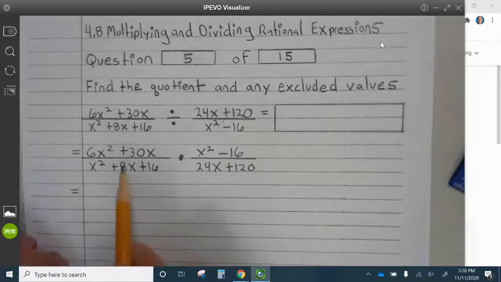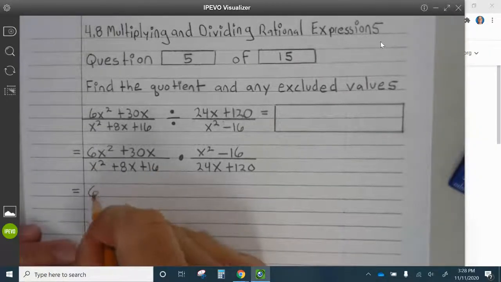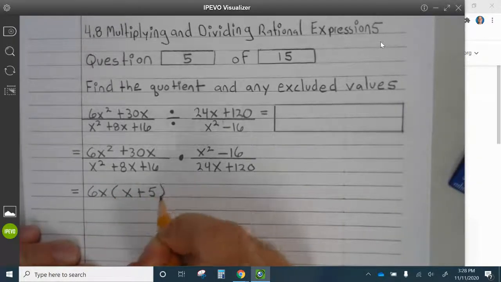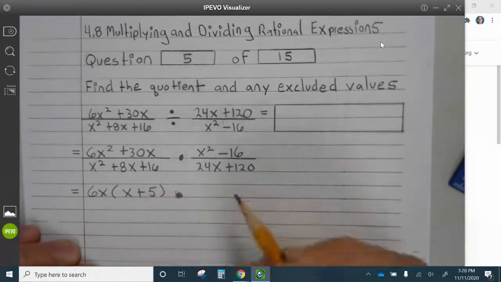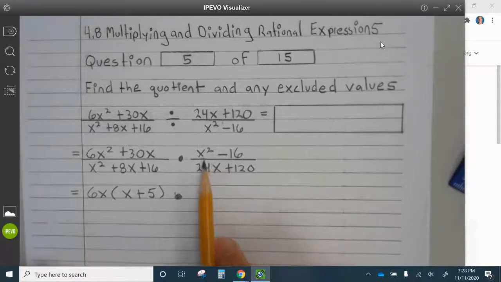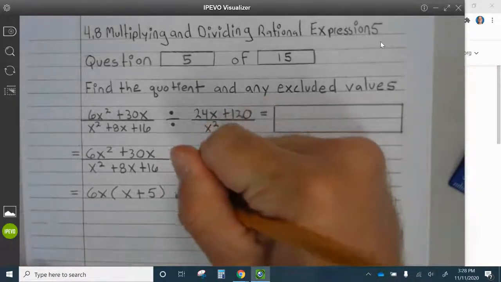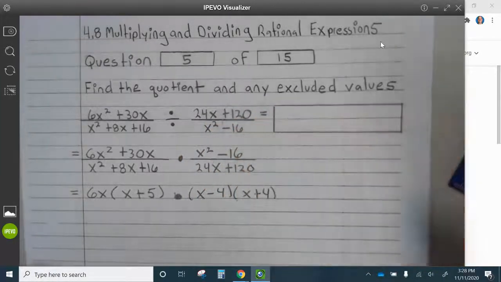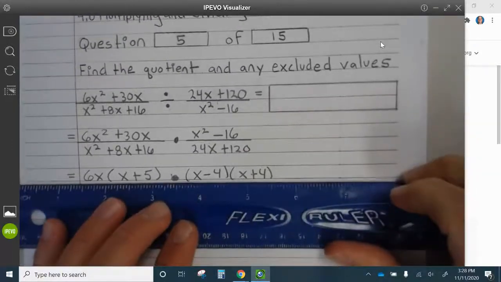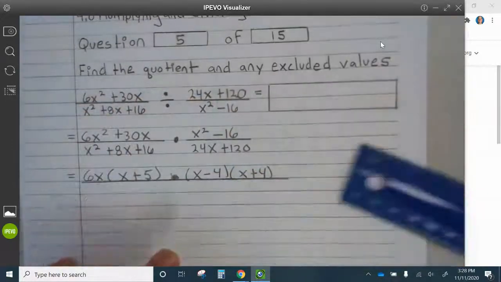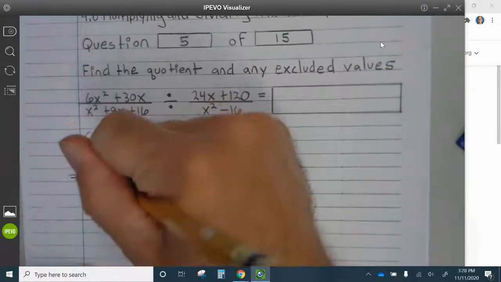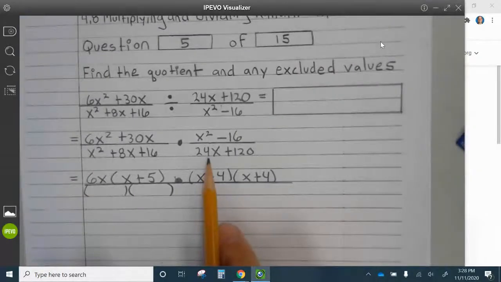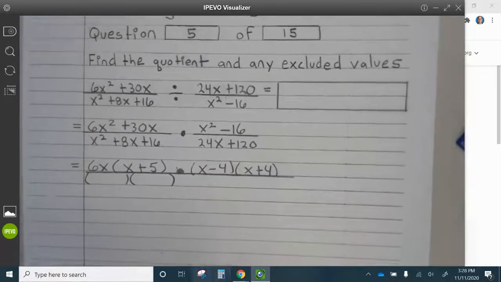Okay, so here we can factor out a 6x from both terms, so that's 6x, which leaves x plus 5, times, well, this is a difference of squares, so that's x minus 4, x plus 4, okay, divided by, we know 2 parentheses, and then here we can factor out, I don't think 24 goes into 120, let's check.